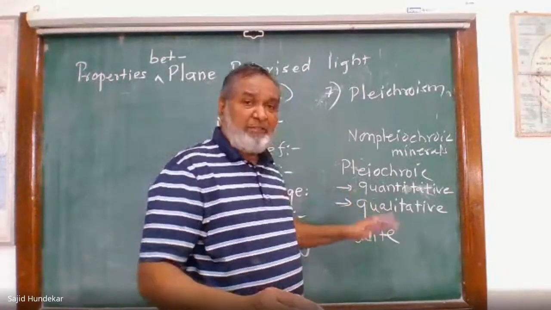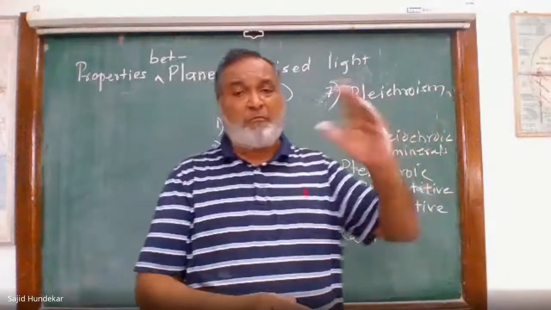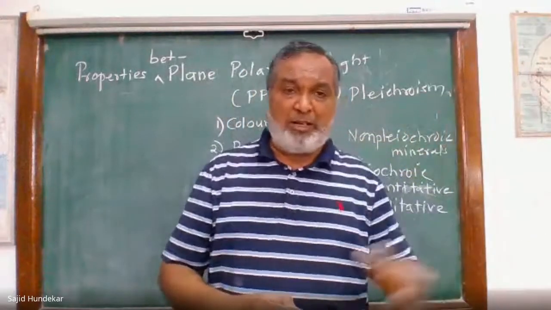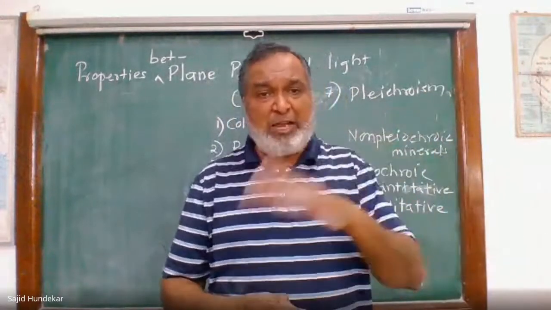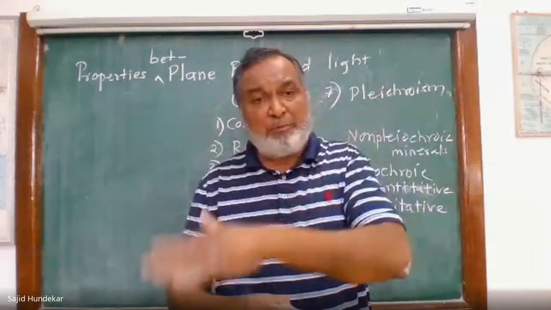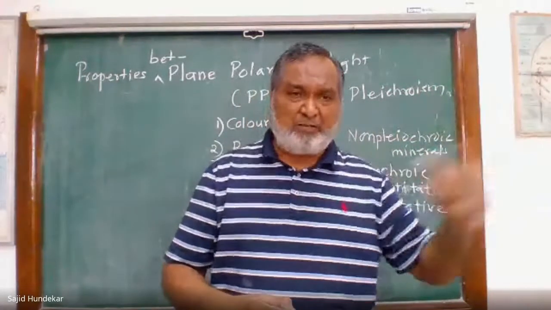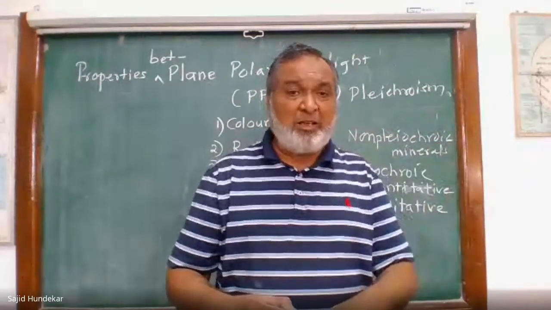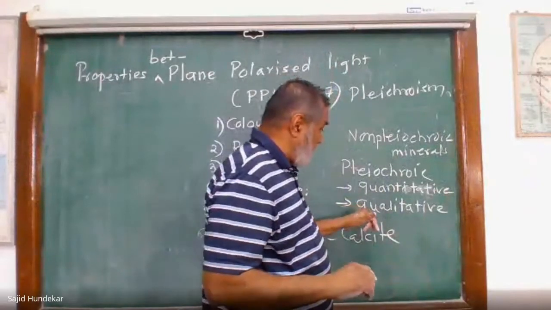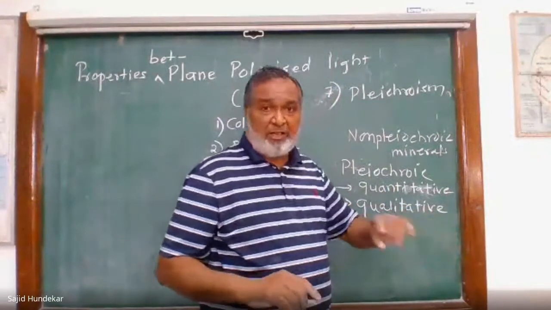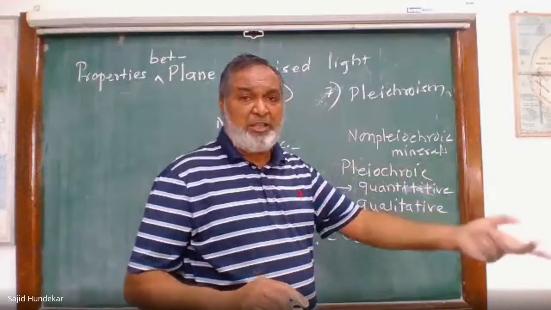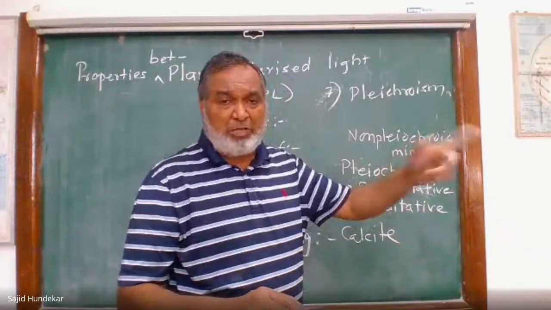But in case there is a change from one color into another color, light green to light pink, yellow to brown, yellow to green, any such change, then these are called qualitative. From one color, they will change into the other one.